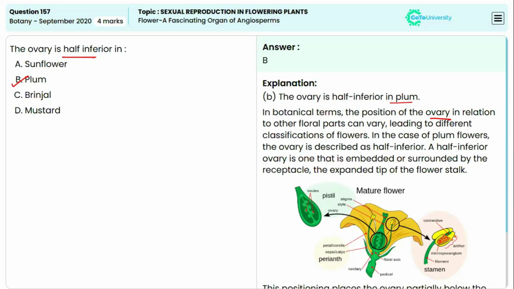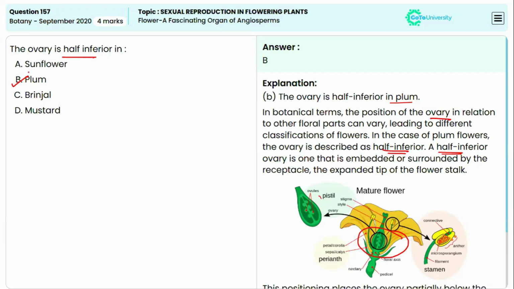In plum flowers, the ovary is described as half inferior. A half inferior ovary is one that is embedded or surrounded by the receptacle, that is, the expanded tip of the flower stem.